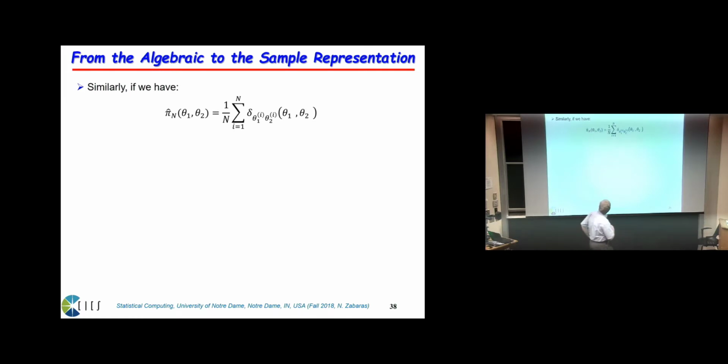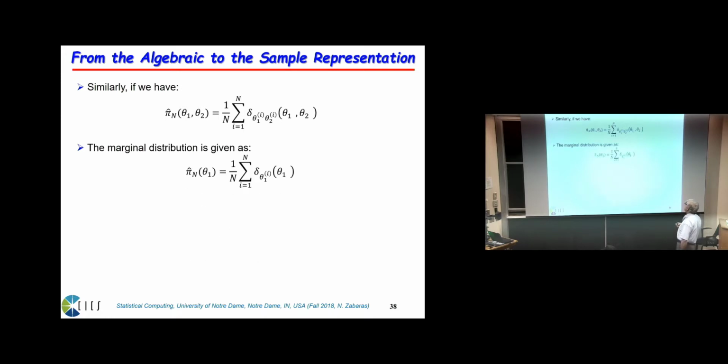If I have two arguments, I'm writing explicitly for two variables. So the empirical measure looks like this. I just wrote it explicitly as delta functions centered around θ1i and θ2i, where θ1, θ2 are the two variables. And let me give you a trivial result.